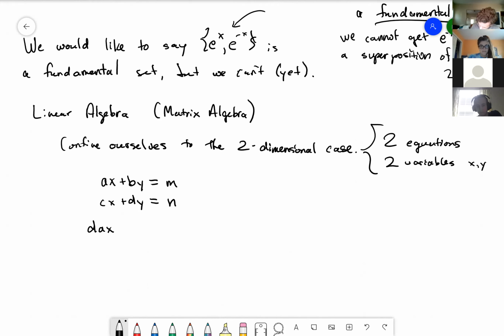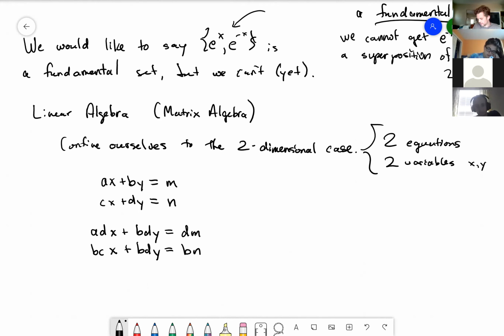So I get adx plus bdy, I'm going to write them in alphabetical order, equals dm. And for the second one, I'm going to multiply through by b. So I'll get bcx plus bdy is equal to bn.